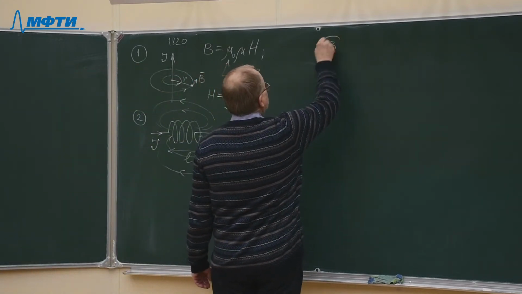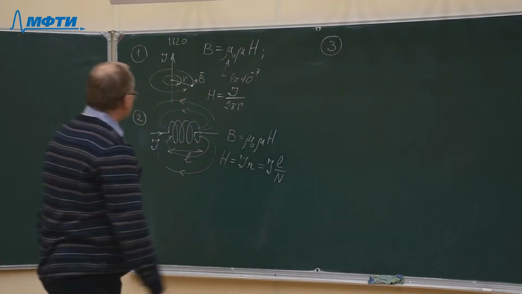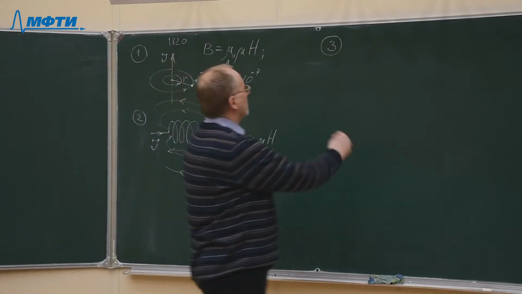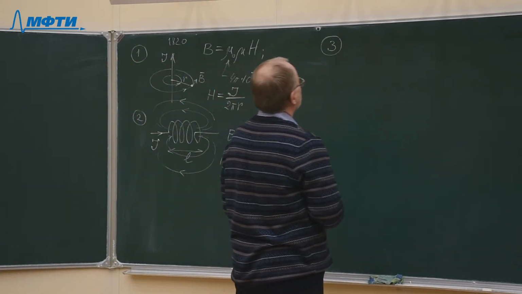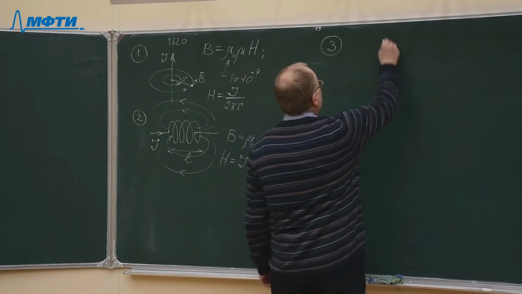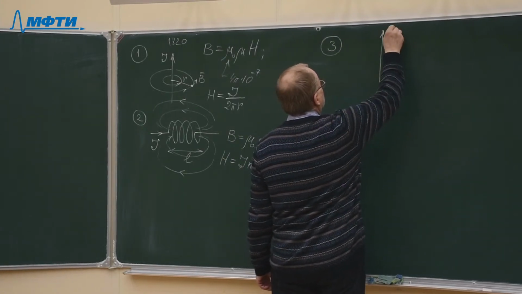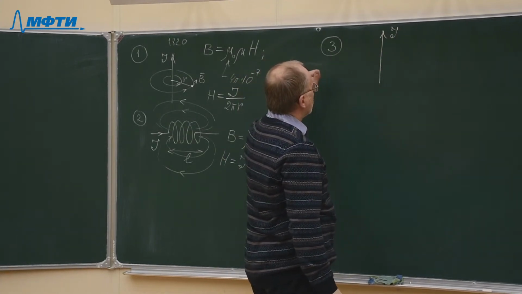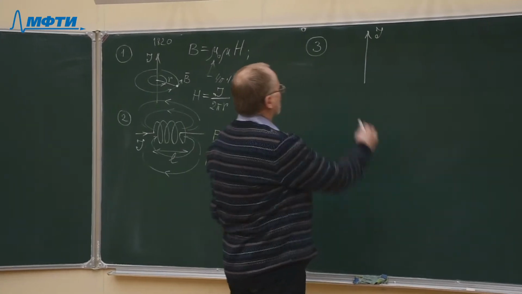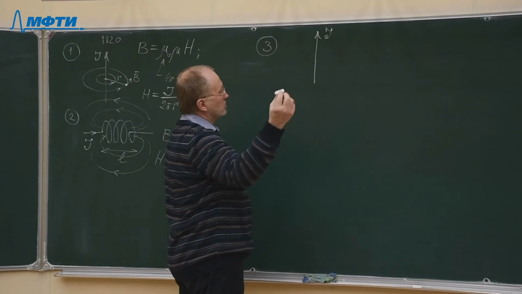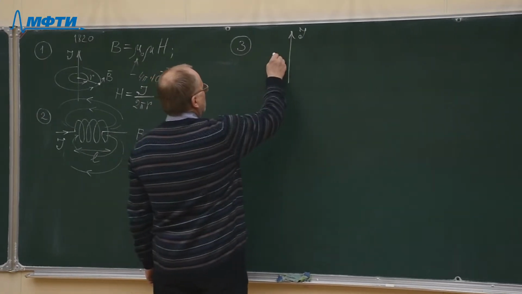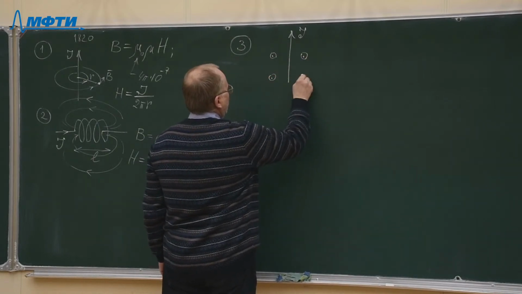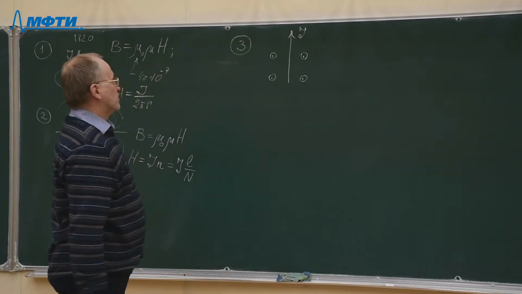Then we also considered the action of a uniform magnetic field on a current. So if we have a straight current and a magnetic field perpendicular to the straight current, for example, a magnetic field looking from the blackboard to the audience, such a magnetic field is denoted by such symbols.